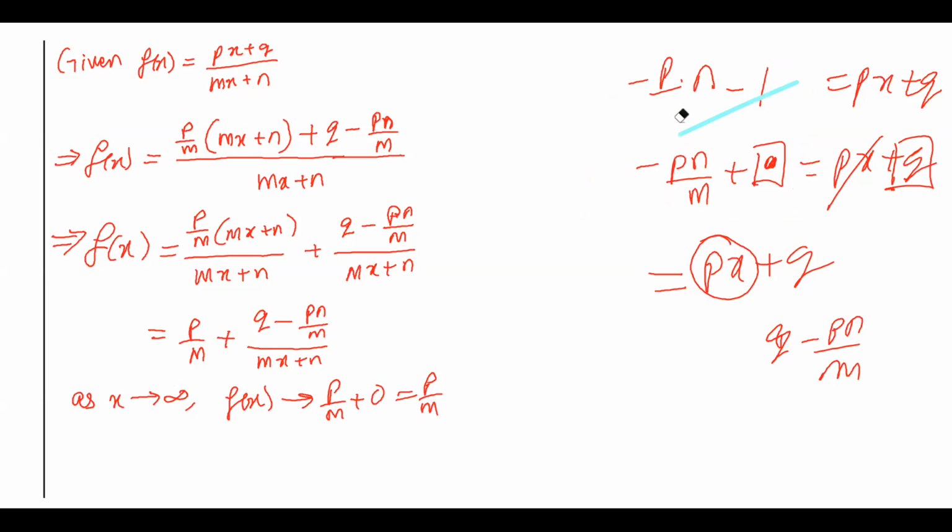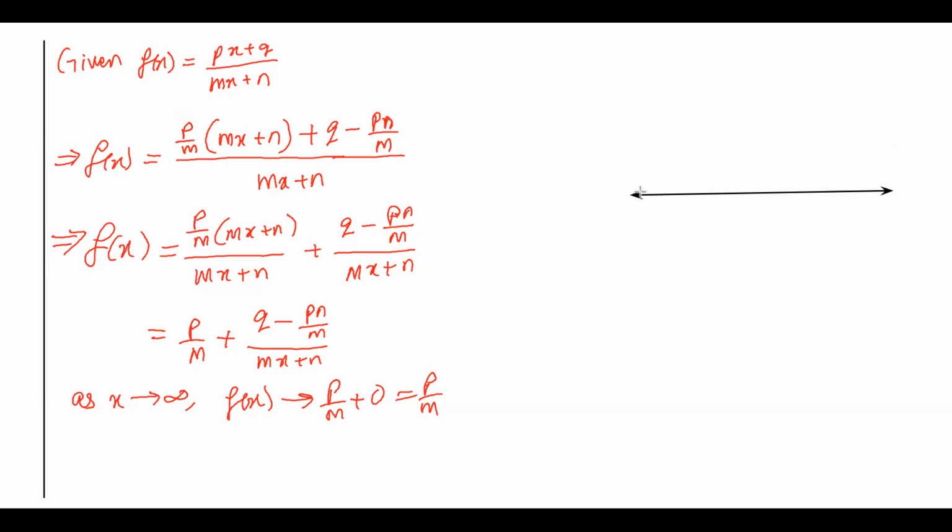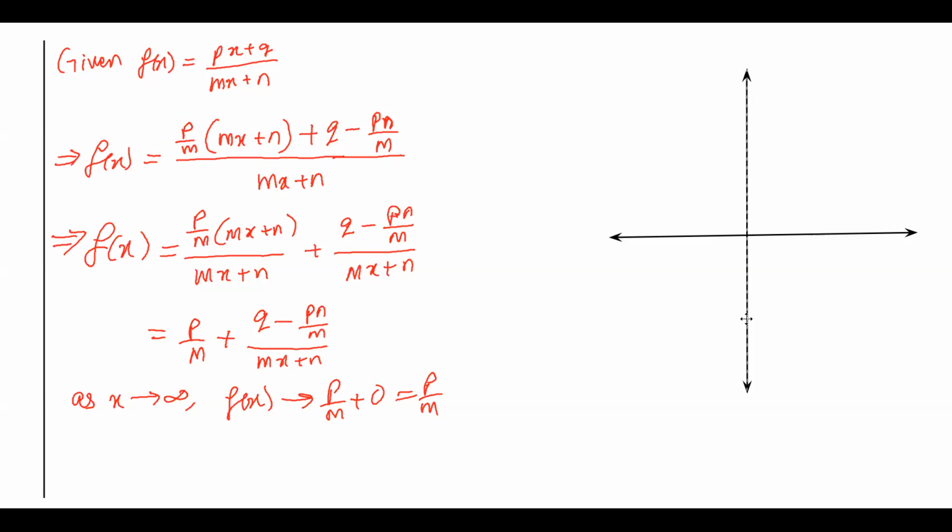So f(x) is the equation of the graph. That's your y. So what we are saying is, when x tends to infinity, whether positive infinity or negative infinity, it doesn't matter, this thing tends to 0. So if you have one axis this way, and another axis like that, I'm just using a number as a sample now. This p over m, we don't know whether it is positive or negative.